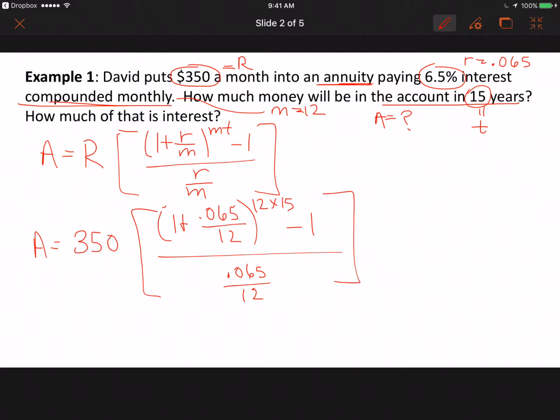Now you should be able to type this whole thing into your calculator. If you need to, pause the video so you can do that. I've already typed it into my calculator, and what I get is $106,240.67. So this is the amount in the account.